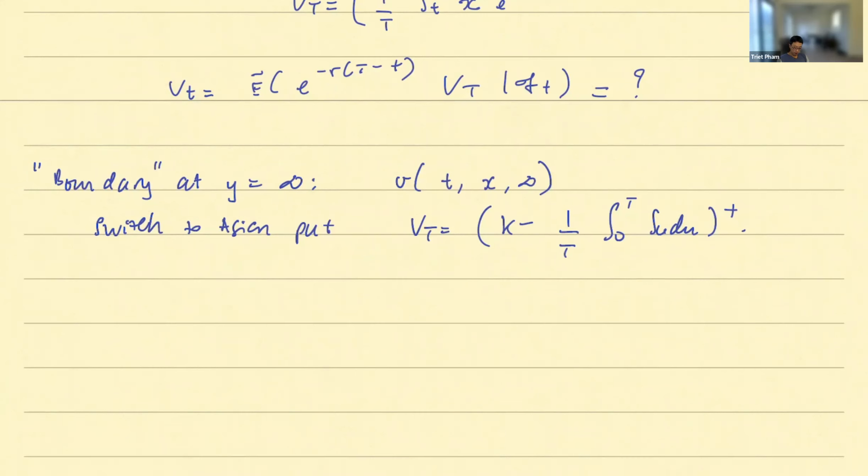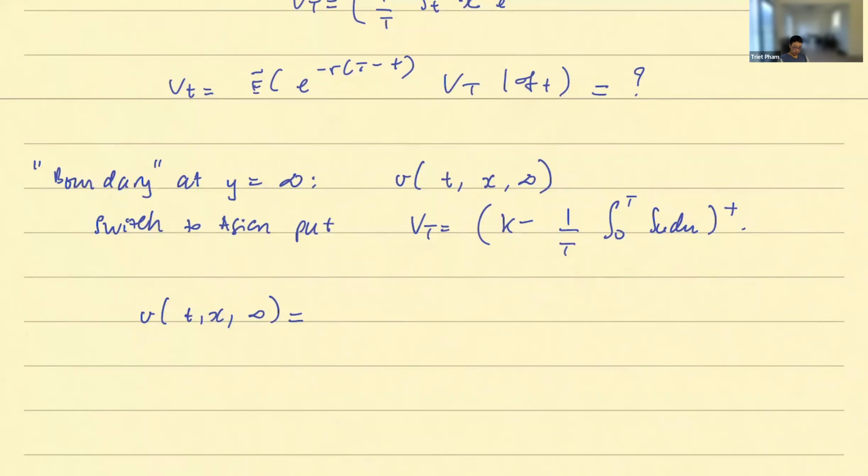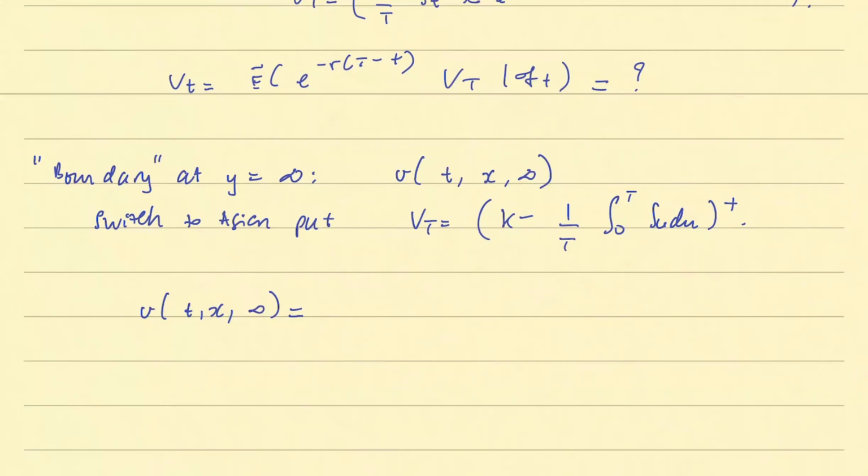Why? Because with the agent put, what is Vt at x infinity? What would Vt be if little y is infinity? Zero. Because V future t is 0, this will also be 0.